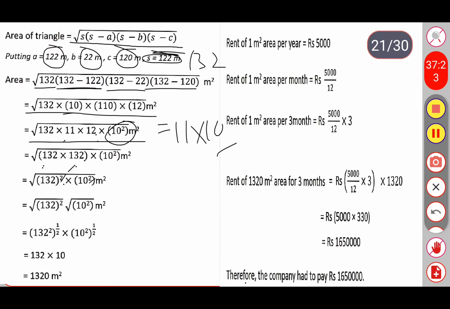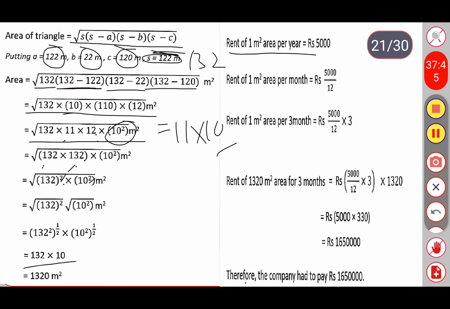Here 10 into 10 is 10 square. Square and root get cancelled. Here also square and root get cancelled. Remaining, what will we get? 132 into 10. So 132 into 10 is 1320. So this is the area of the triangle.